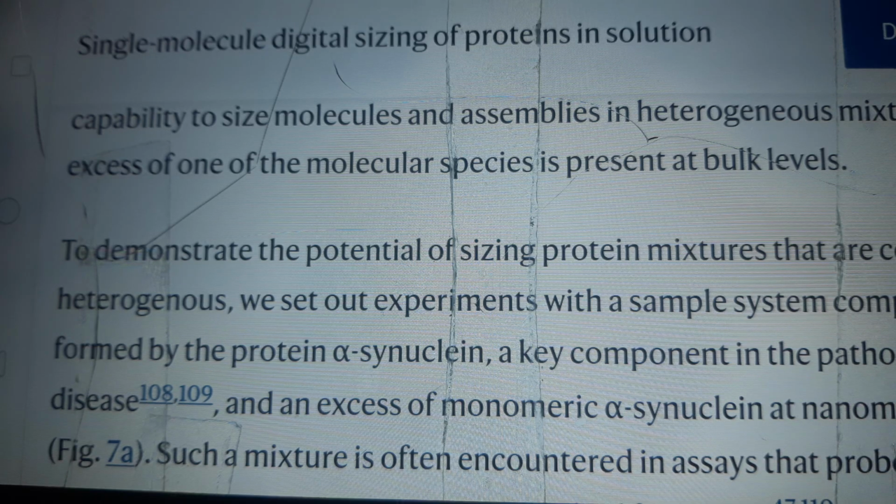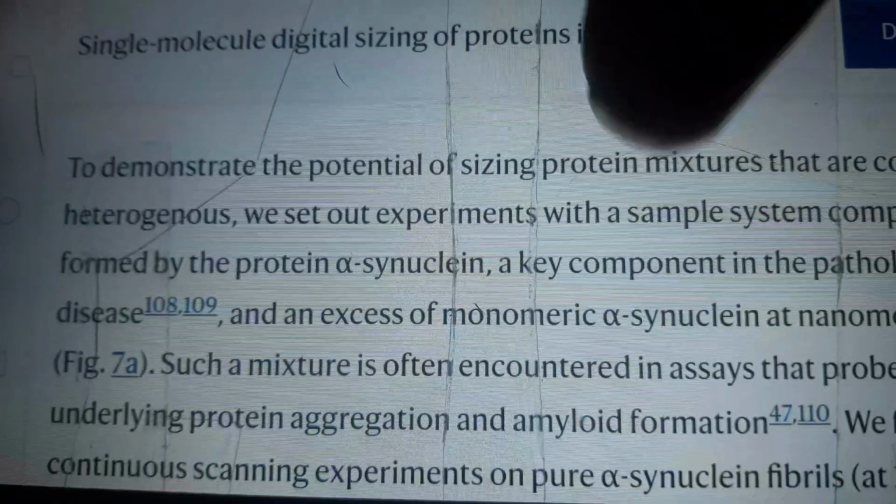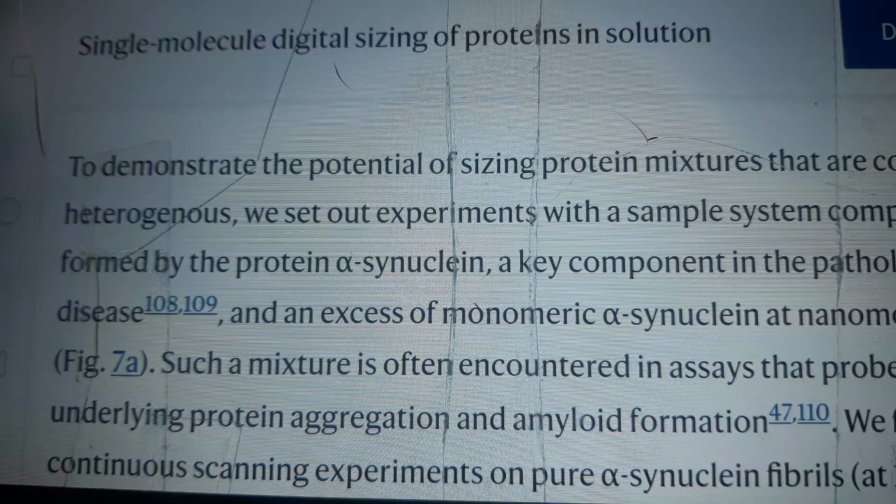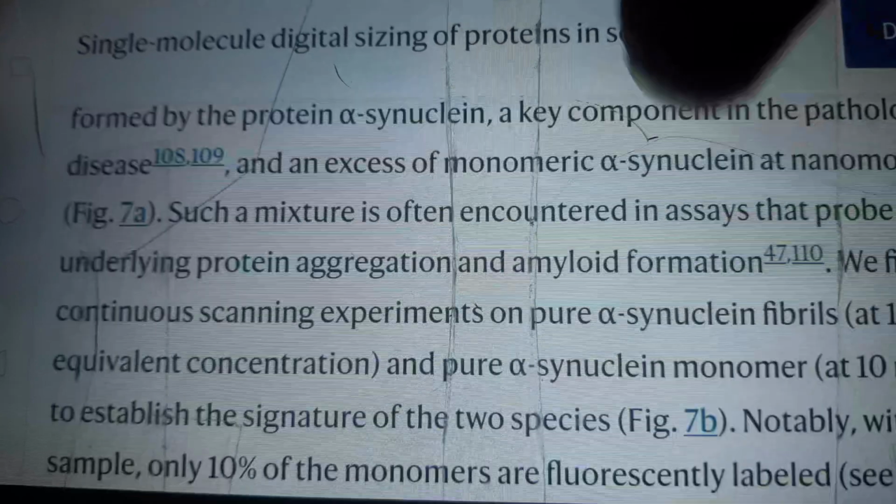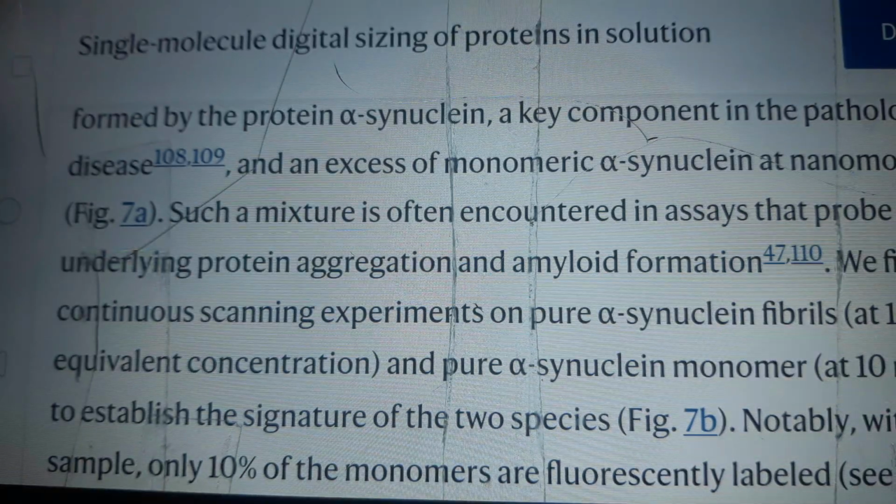To demonstrate the potential of sizing protein mixtures that are compositionally heterogeneous, we set up experiments with a sample system composed of fibrils formed by the protein alpha-synuclein, a key component in the pathology of Parkinson's disease, and an excess of monomeric alpha-synuclein at a nanomolar concentration. Such a mixture is often encountered in assays that probe the mechanisms underlying protein aggregation and amyloid formation.